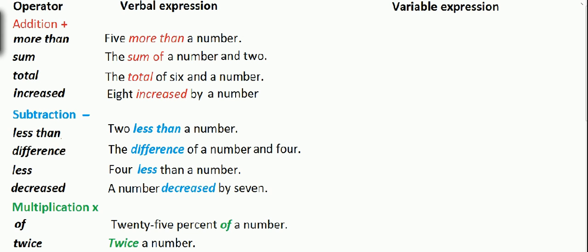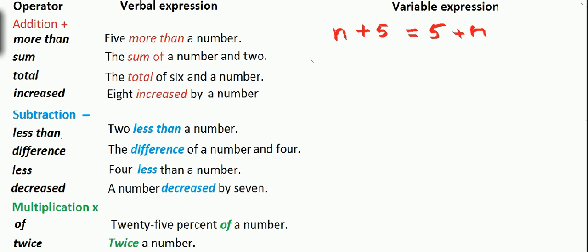For addition, more than: 5 more than a number. And they'll say that number is n. 5 more than a number is 5 plus n, or n plus 5. Addition is commutative, so we could have written this either n plus 5 or 5 plus n.